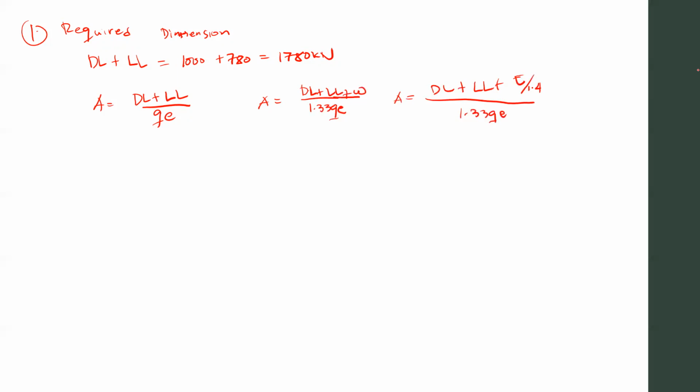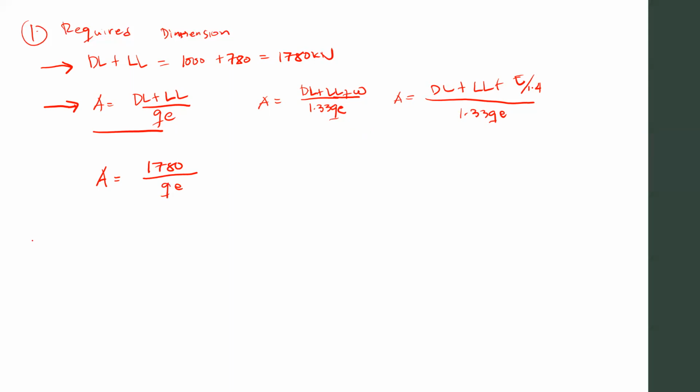Okay, pag may lateral, pwede mo increase ng 1/3. So saan, ang ating loadings lang is dead load and live load. So ito lang yung mag-govern, is 1. Therefore, our required area is equals to 1,780 over QE.